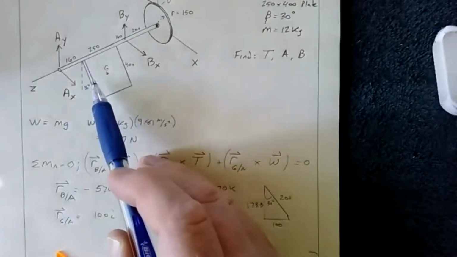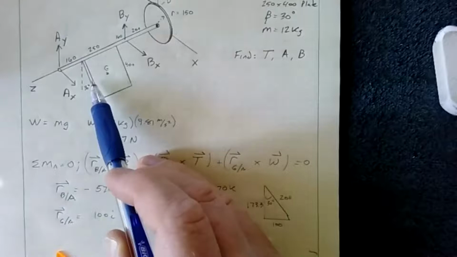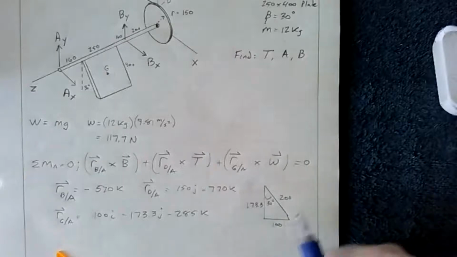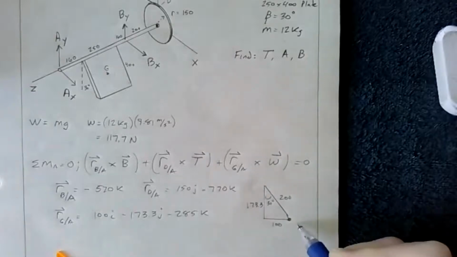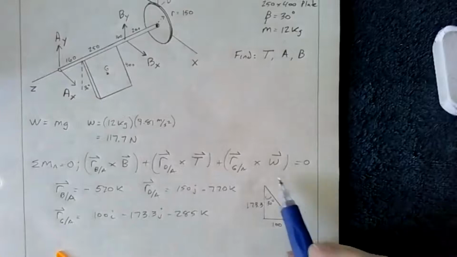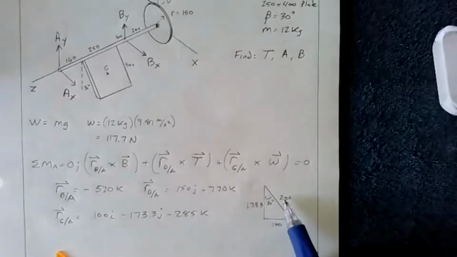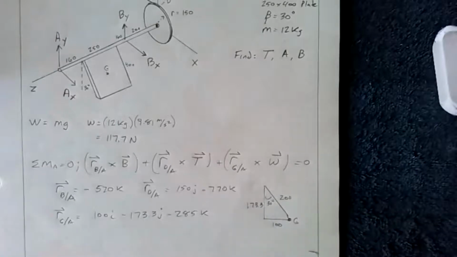So if we go halfway, that's 200 millimeters. So if I take 200 as my hypotenuse halfway, then I know that to get to this point, which is my point G, I have to go down a negative 173.3 in the J, and I have to go out 100 in the X, and that's just based on a 30-degree triangle and the hypotenuse of 200.